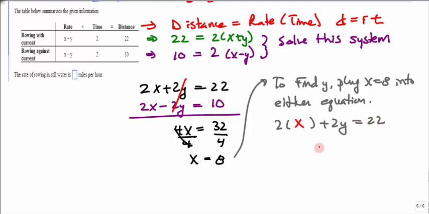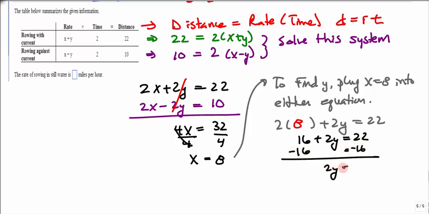Oh, I was supposed to put in 8 in place of x. Let's plug an 8 in there. So I have 16 plus 2y equals 22. Let's go ahead and subtract 16 from both sides. We get 2y equals 6, divide through by 2, and I get y equal 3.